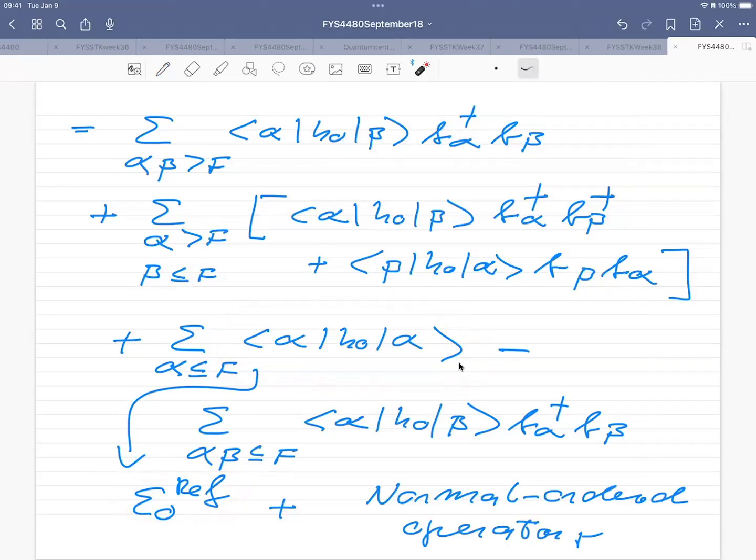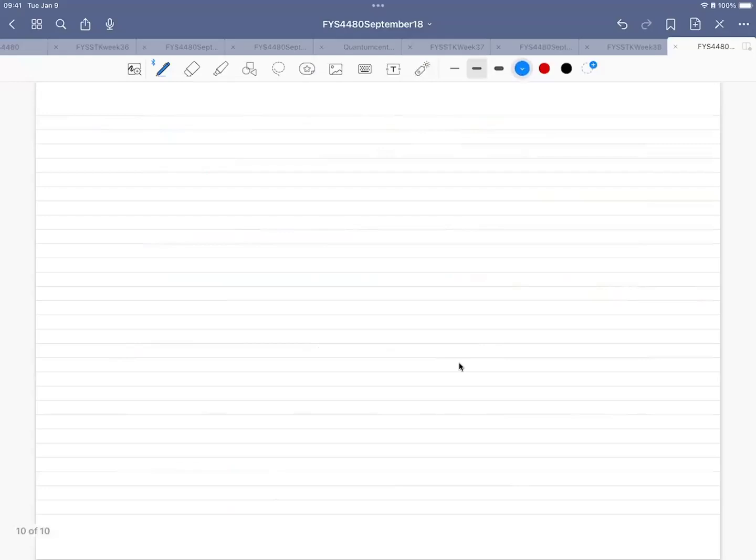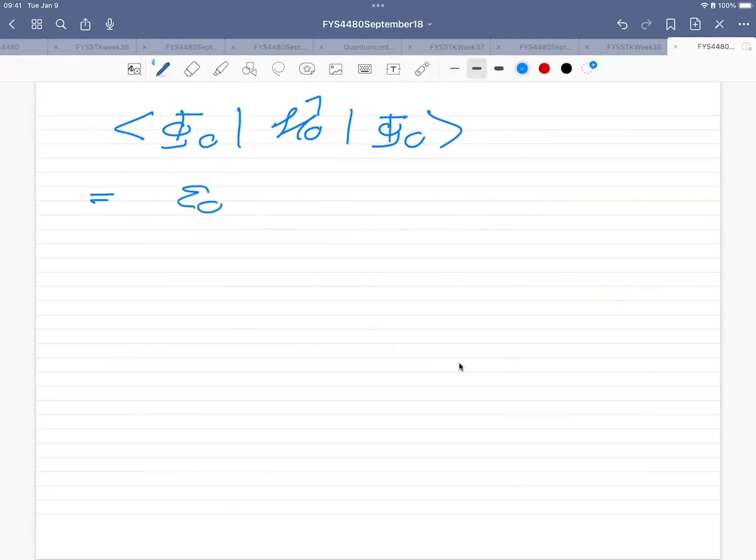So let's now take these operators and look at the expectation value first of phi 0 with this new operator, H0, and phi 0. Now, in this specific case, the first term is just the reference energy, epsilon ref, and then I have a phi 0 with phi 0.